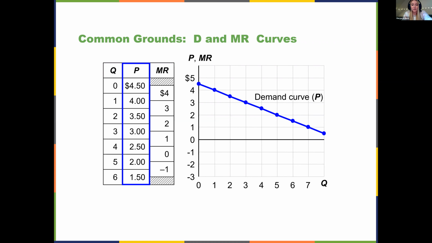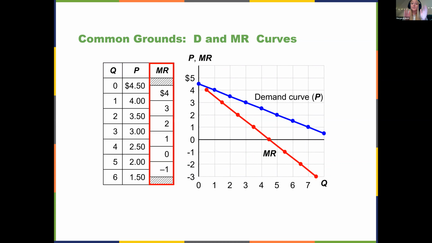If we then also graph out the marginal revenue for this monopoly, we see that the marginal revenue is also downward sloping. So as quantity increases, marginal revenue decreases. But we see that the marginal revenue curve lies underneath the demand curve. If we were graphing this for perfect competition, the demand curve would be exactly the same as the marginal revenue curve.